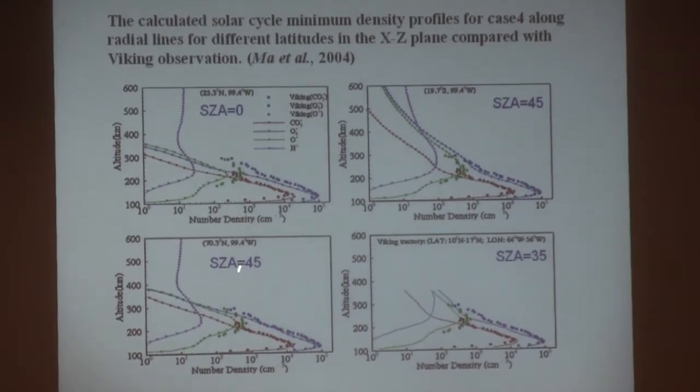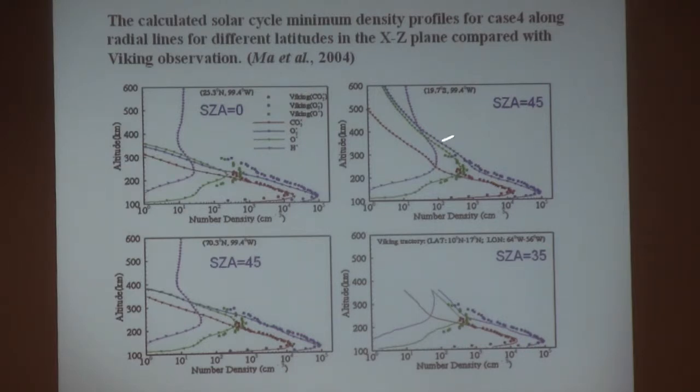But the thing I want to draw your attention to is comparing those two plots. With a non-magnetized obstacle, you expect the ionosphere to behave more or less the same when you have the same solar zenith angle. But here, you can see the density profiles are quite different.